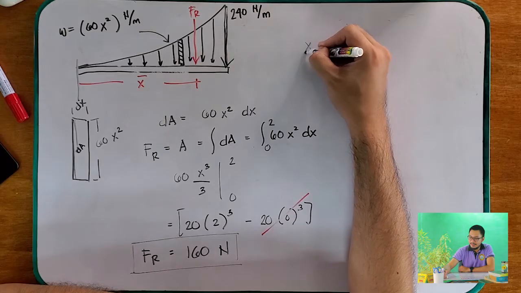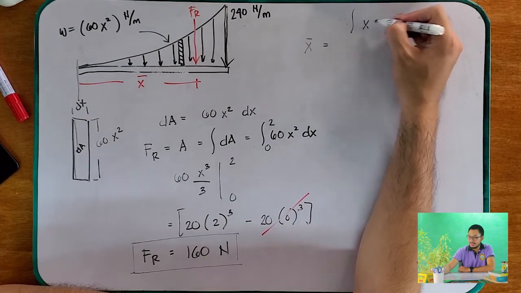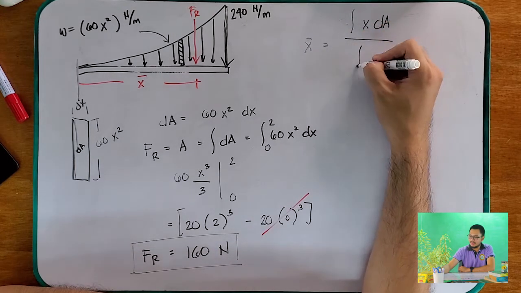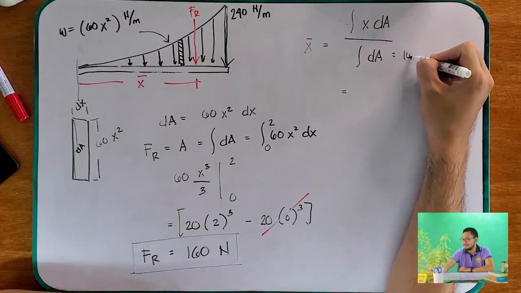Okay? And now, the question is, where is it located? We have learned that we have the equation x bar is equal to the integral of x dA over the integral of dA. And we knew that your integral of dA is equal to 160 newtons.